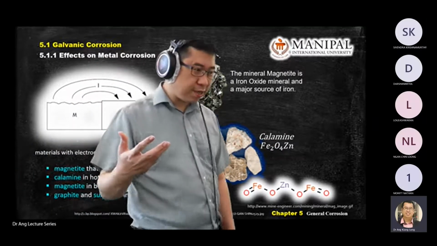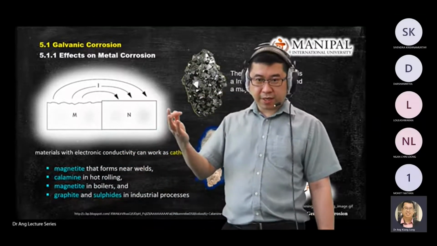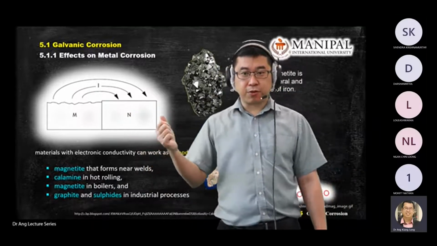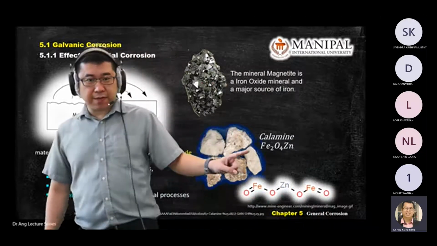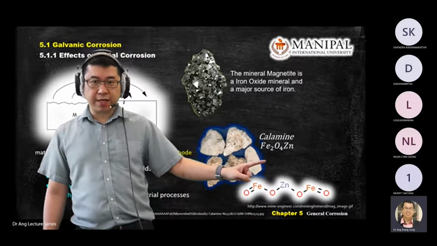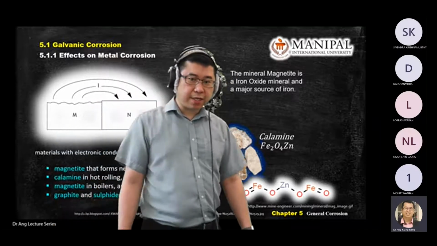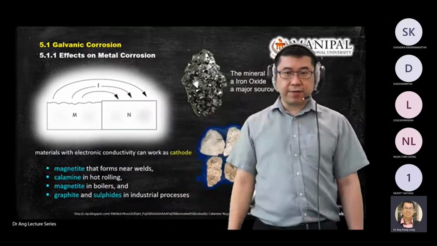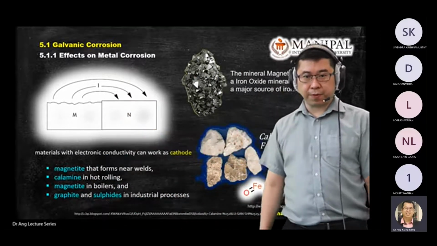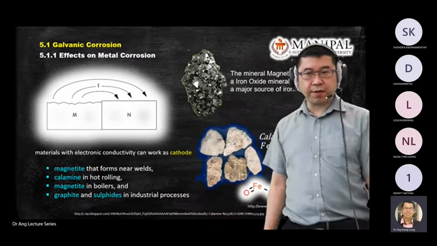Go back to corrosion: what are the agents of corrosion? Oxygen, water, hydrogen, temperature, and metals also. So calamite can contribute to galvanic corrosion. These two, magnetite and calamite, can work as cathode in galvanic corrosion. Other examples are graphite, sulfide, and so on.